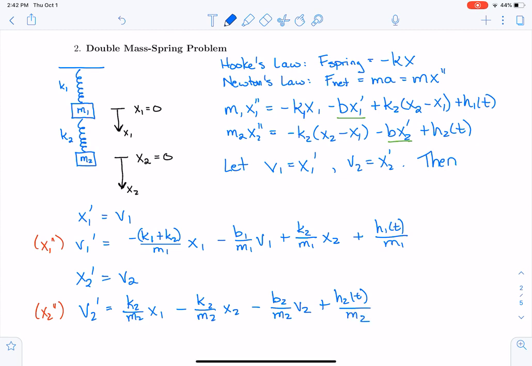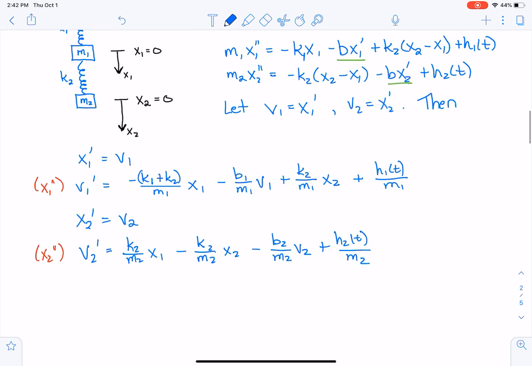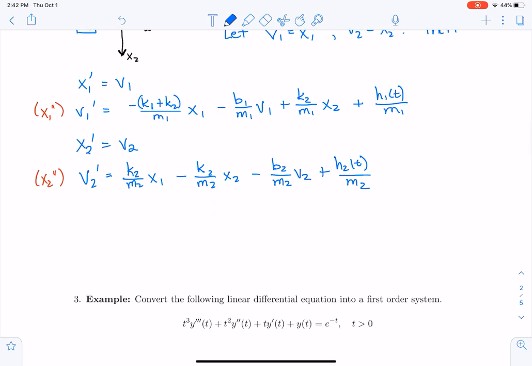And so this is actually a linear system that has four equations for x1, v1, x2, and v2, which are the four variables. We can write this using matrices.